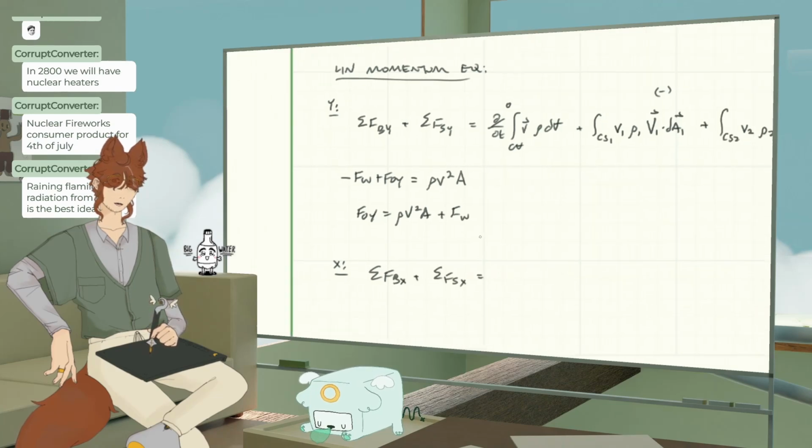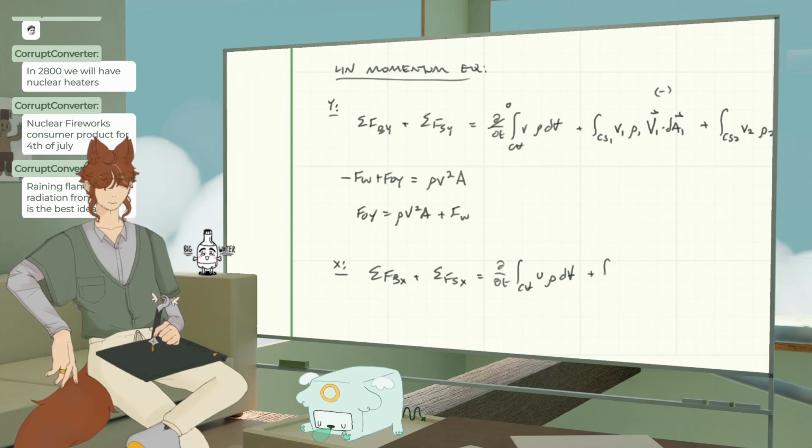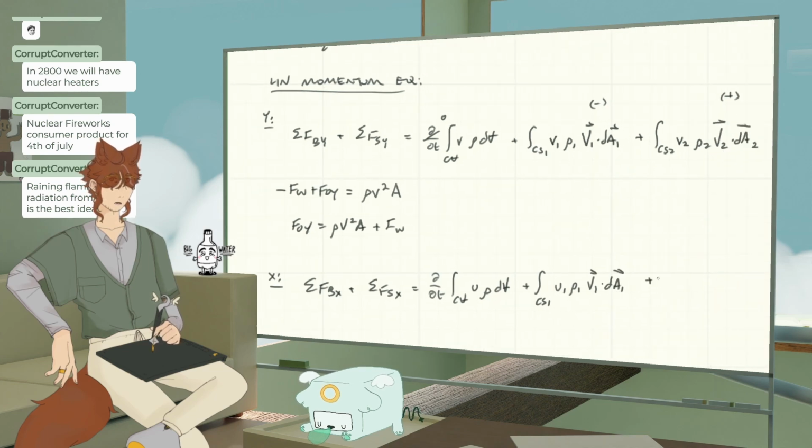FSX, heh. Amateur. CV, U. Also, I don't think that's a vector. That's a component of a vector. CS1, U1, rho 1, V1 dot DA1, plus CS2, U2, rho 2.